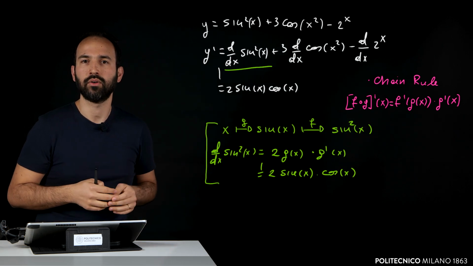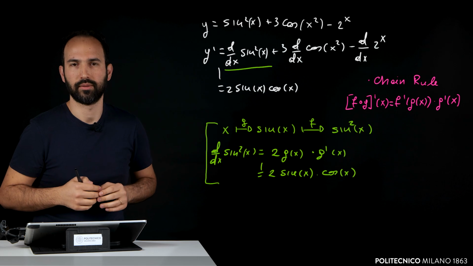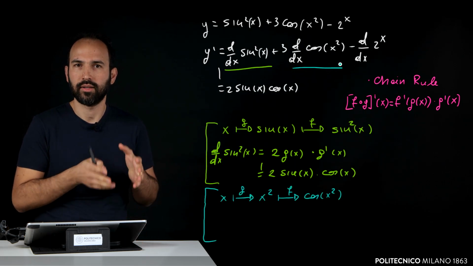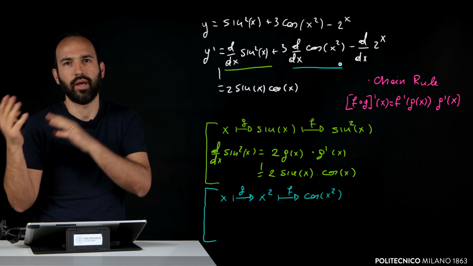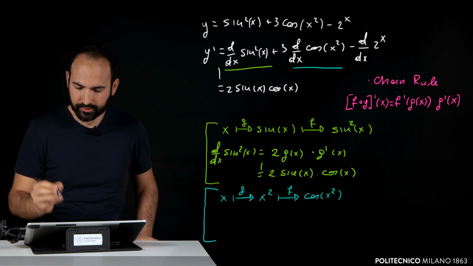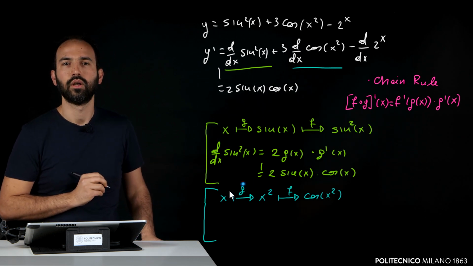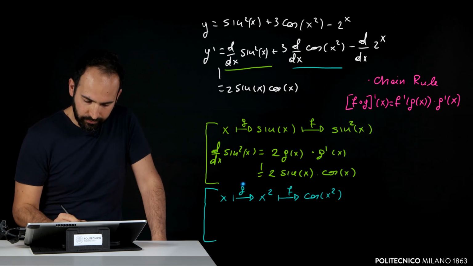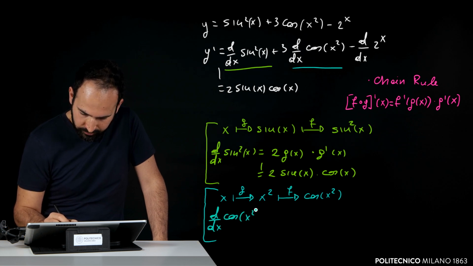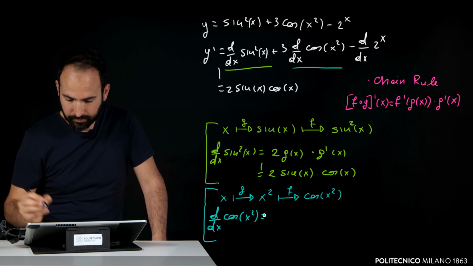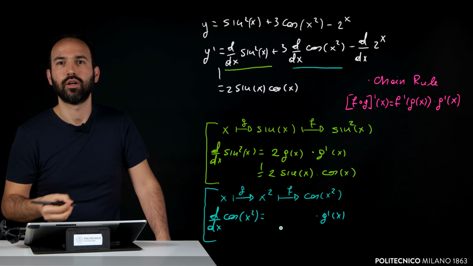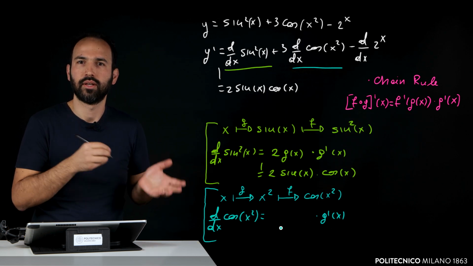Now we need the derivative of cosine of x squared. This is also a composition. In fact, x is sent to x squared, and then the cosine. The internal function g is now x squared. From the chain rule, the derivative of cosine of x squared is g prime of x times the derivative of the cosine evaluated in g.